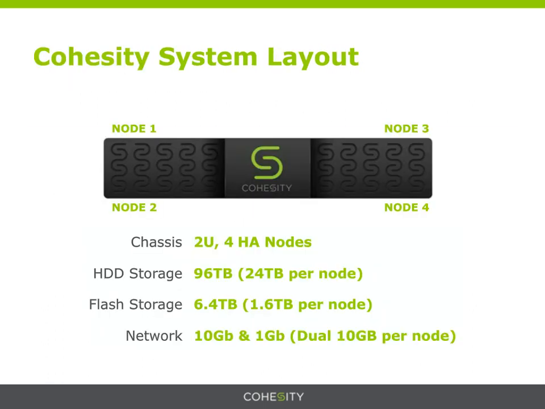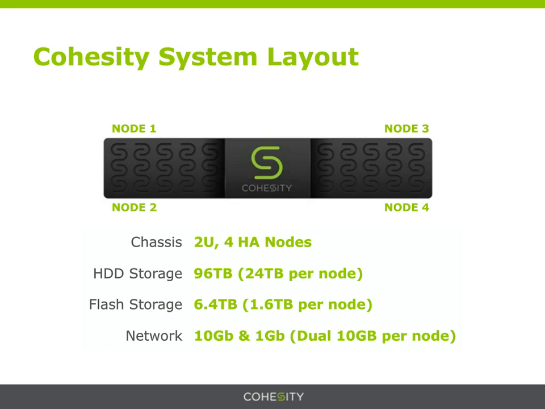As far as hardware and system layout, you're getting a first sneak peek at the bezel here. That's what it's going to look like. It is a 2U chassis, all Intel parts inside, 4 nodes in each block. Each one of those nodes has 2 Intel Haswell processors, 64 gigs of RAM, 2 10 gig ports, 2 1 gig ports, and a single IPMI management interface, out-of-band management.